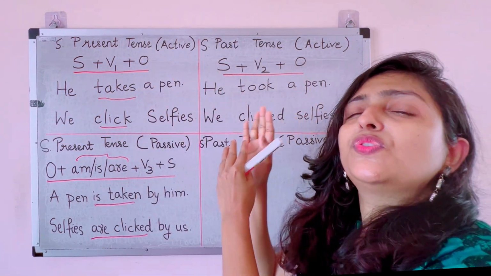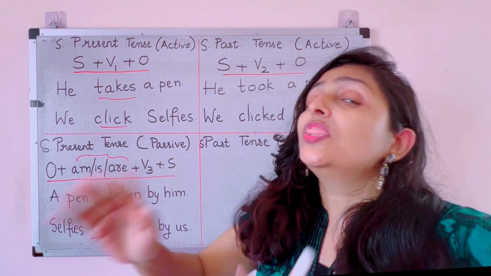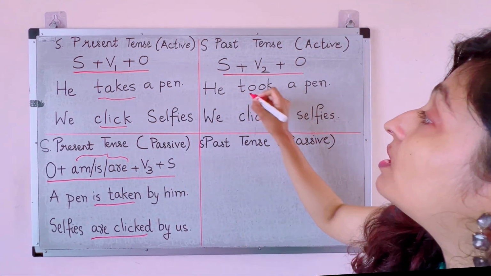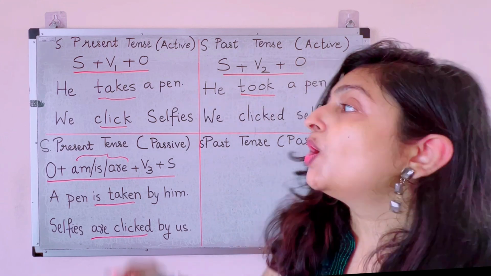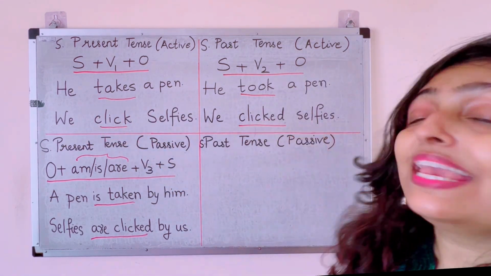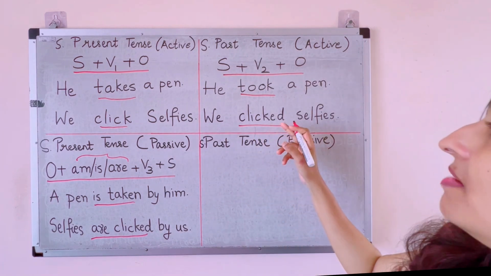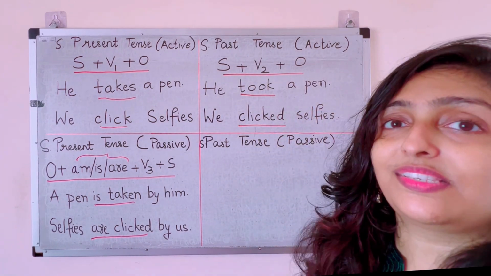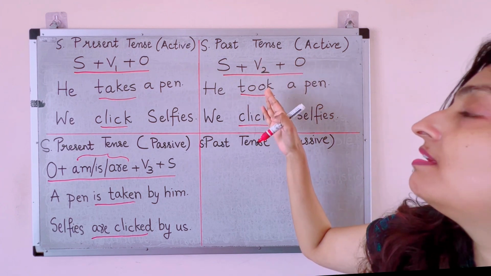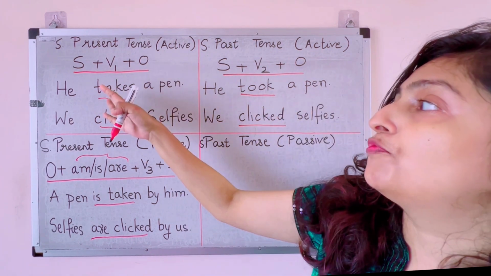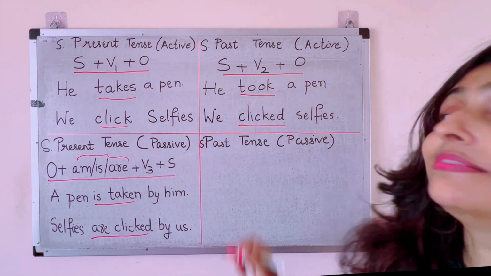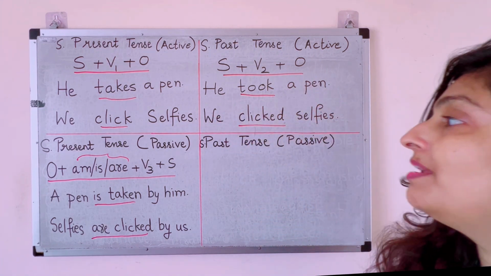When it comes to simple past tense, the verb changes to past. He took a pen. We click selfies. We clicked selfies. It becomes past tense. He is the subject. This becomes the past tense form of the verb takes. Subject, verb, object.